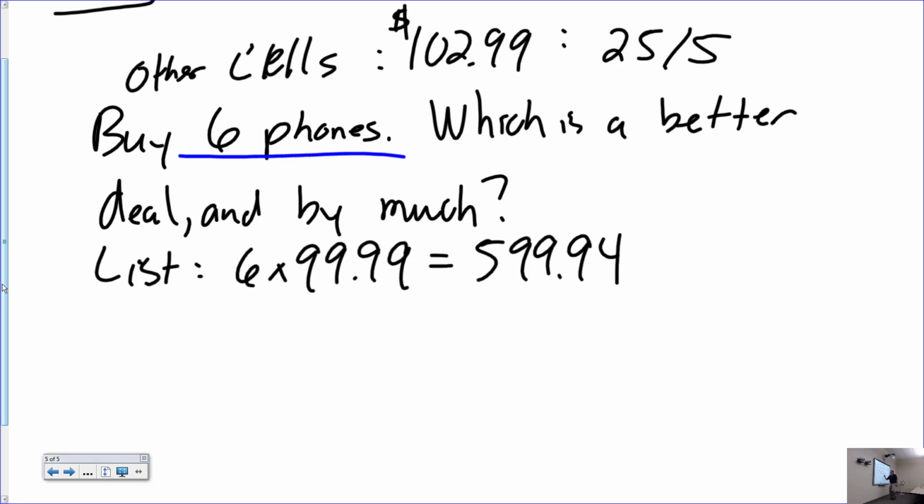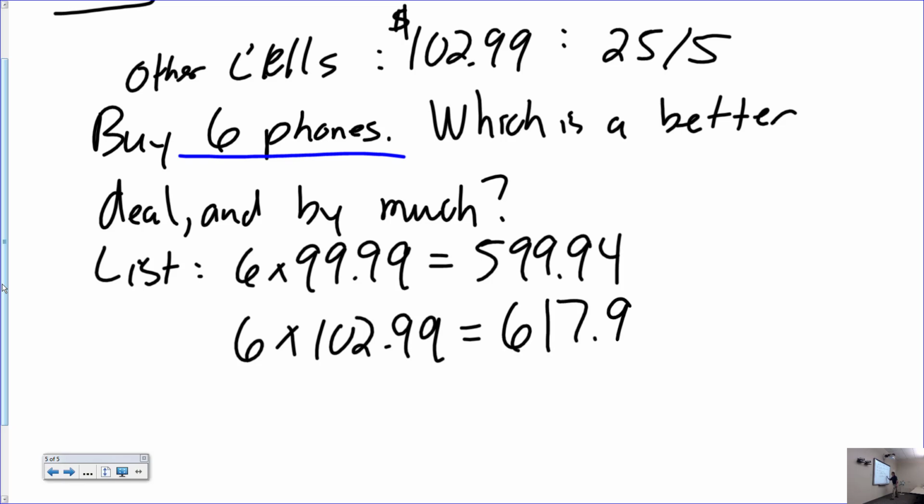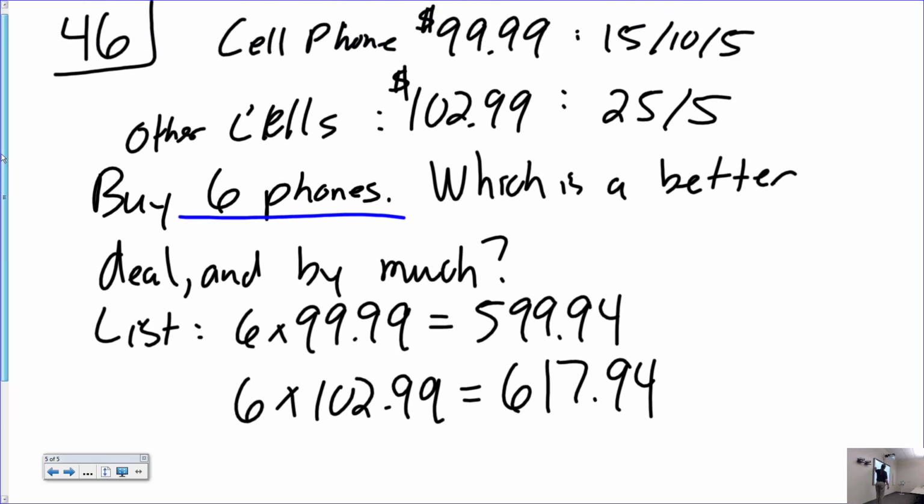And then the other one, 6 times 102.99. What is that? $617.94. Okay, I'll buy it. So those are what the invoices are without the discounts. Now the discounts are clearly different, right? 15, 10, 5, and 25, 5. So we have to figure out which ones are better. Just make sure you put the right discounts with the right numbers.